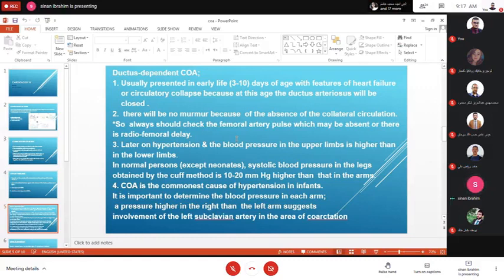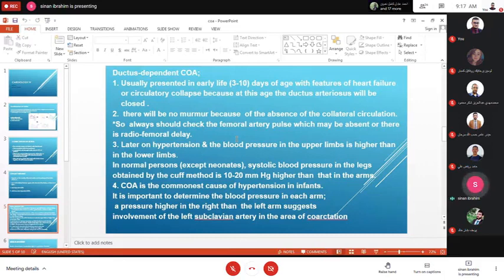While in coarctation of the aorta, because of interruption of the pathway of blood through the aortic arch, the femoral pulsation will become later than the radial. And in severe cases, طبعا there is absent about 40% of the patient with coarctation absent femoral pulses. طبعا هو هذا مشكلتنا احنا بالقسطرة.